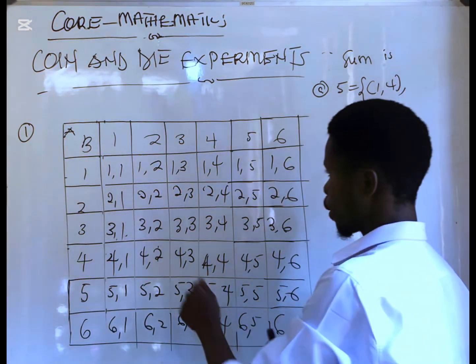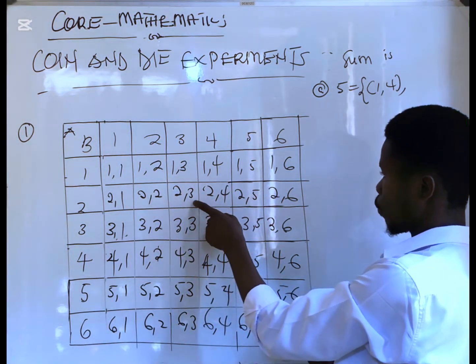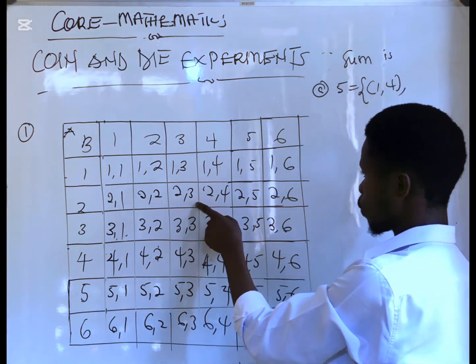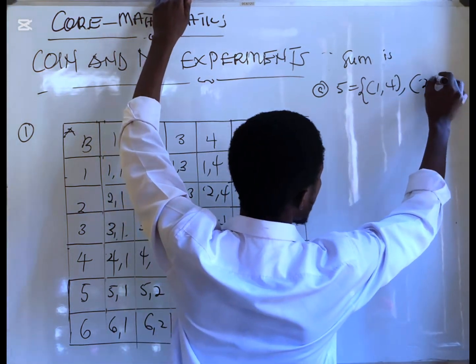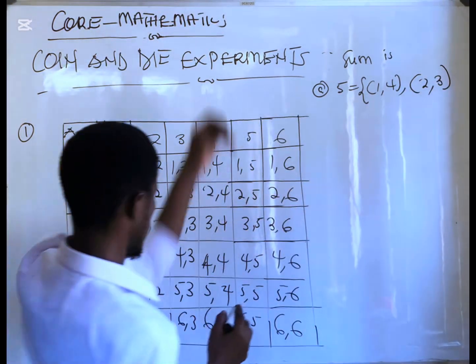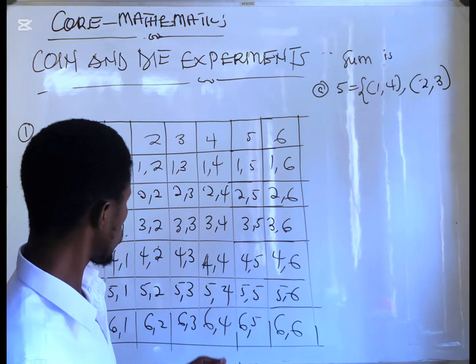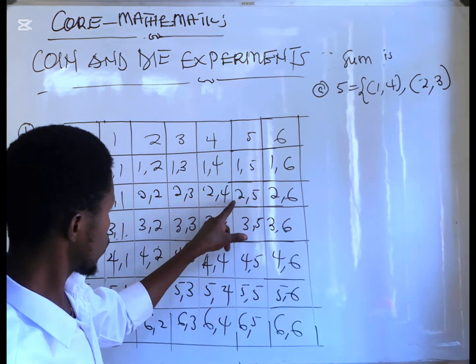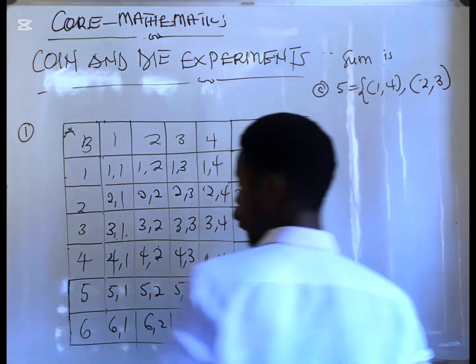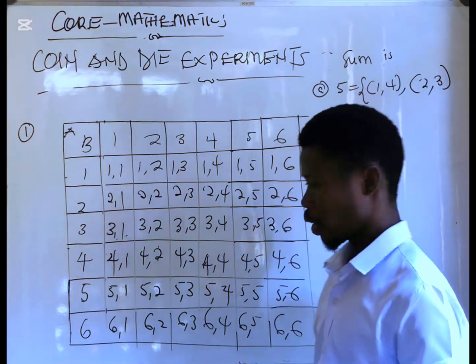Then when I come here, definitely 2 plus 3 will give me 5. So I'm going to have 2,3. So this one is done. You can also pause the video and do it at your own pace.